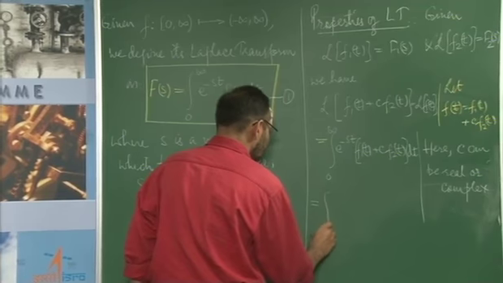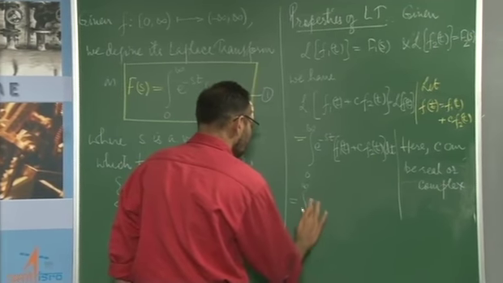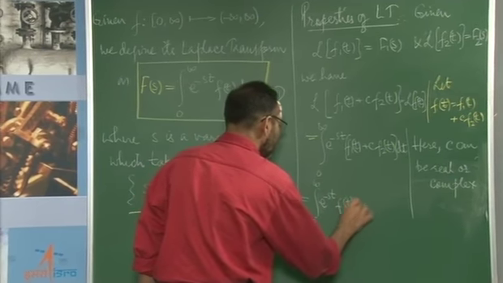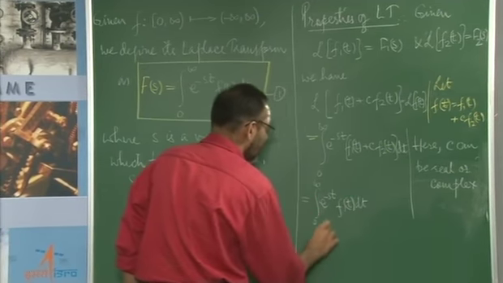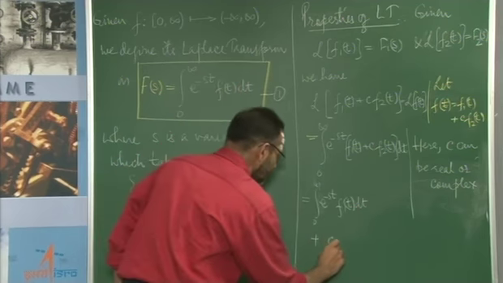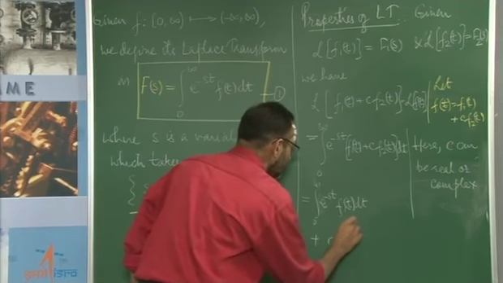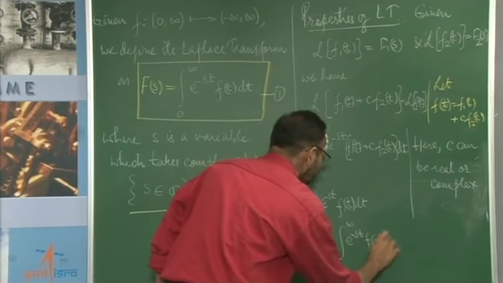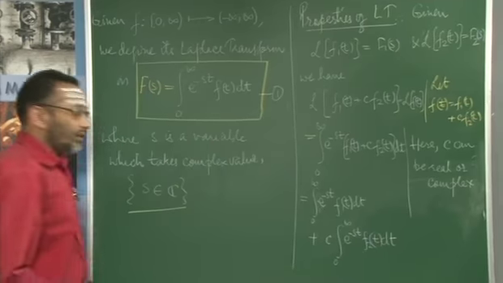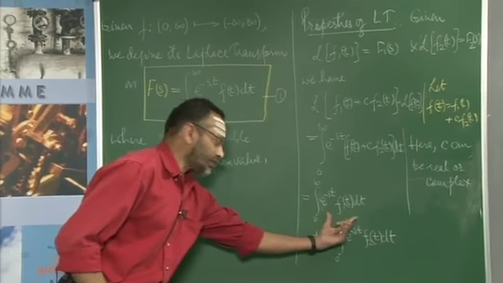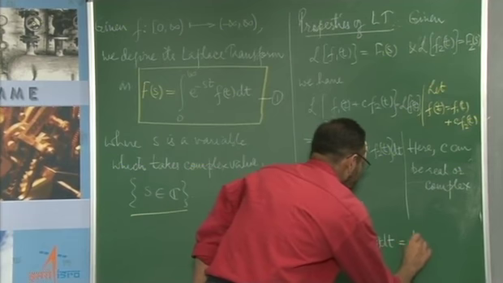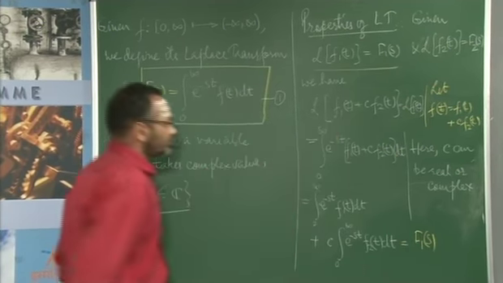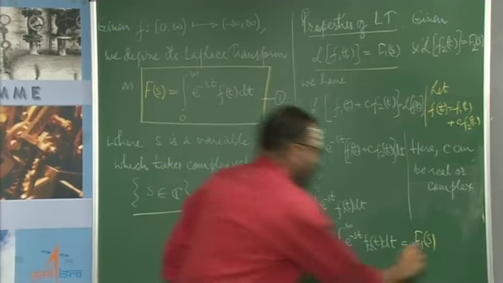That is the same as the integral from 0 to infinity of e to the power of minus st f1 of t dt plus, I am going to skip one step and take c outside, c times the integral from 0 to infinity of e to the power of minus st f2 of t dt. And you know that the first term must be the same as F1 of s, which is coming from here, and the second object must be plus c times F2 of s.